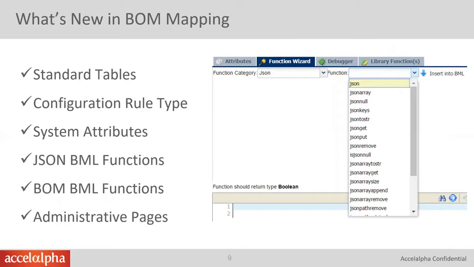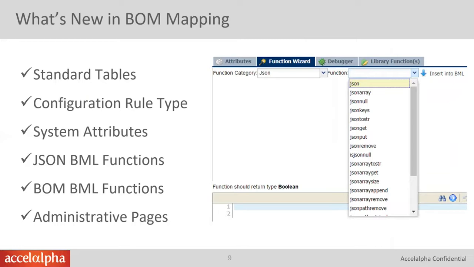So not only is this very useful for BOM generation, but this is also very useful for integration with end systems. So more and more systems, I think, or integrations are written with JSON in mind instead of XML or SOAP. Also, some of the new RESTful web services that CPQ has are JSON-based.